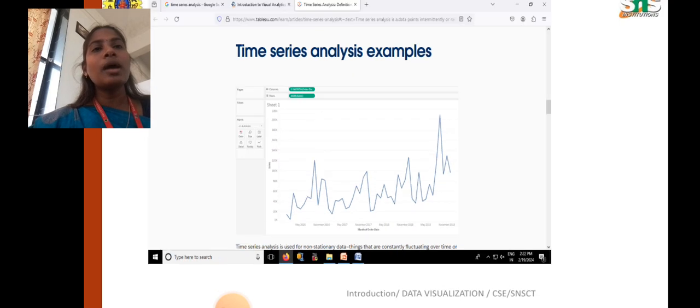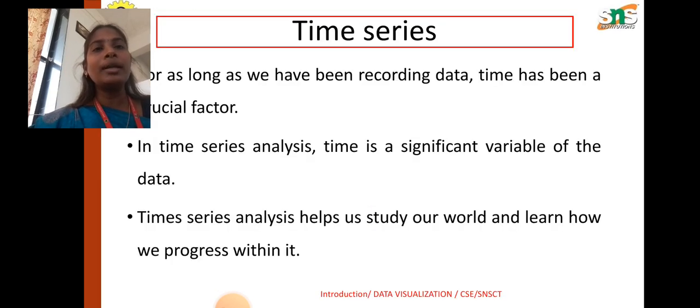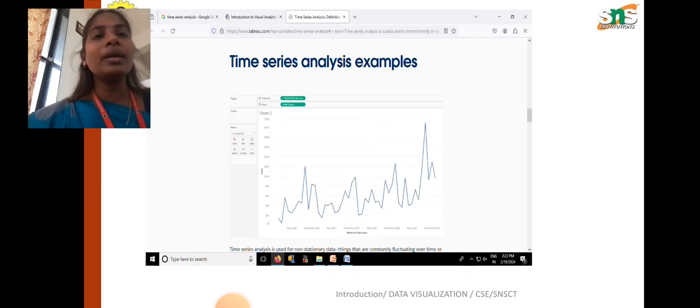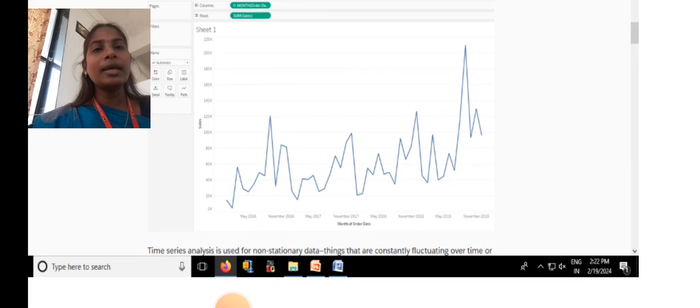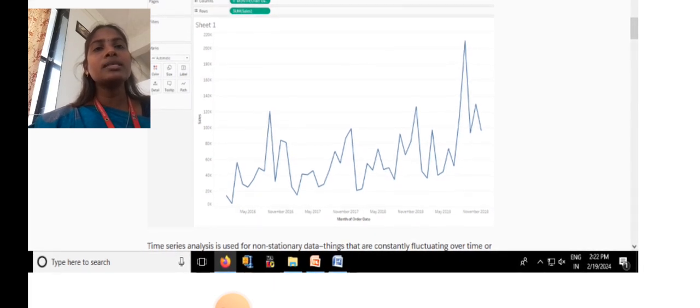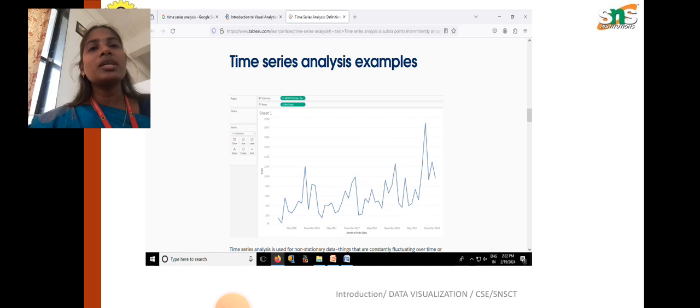After providing the data, the line chart will be displayed over here. Here I drill down the data month by month. On the x-axis, May 2016, then September 2016, afterwards we provide continuous data. That is a time series analysis example.